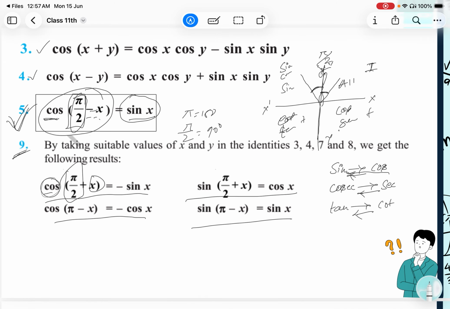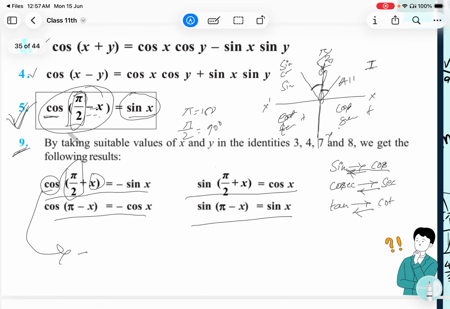Here we have cos, so it will be negative, minus. Second, cos will change to sine. So here we have sin x, and this is the same as before, right?